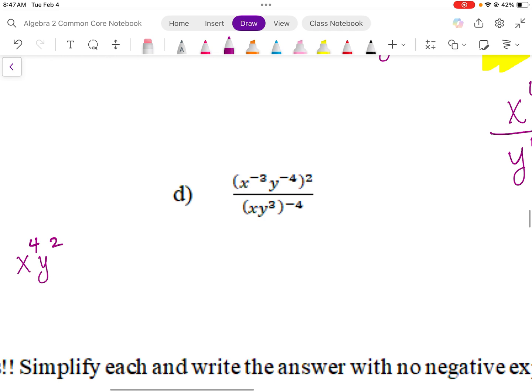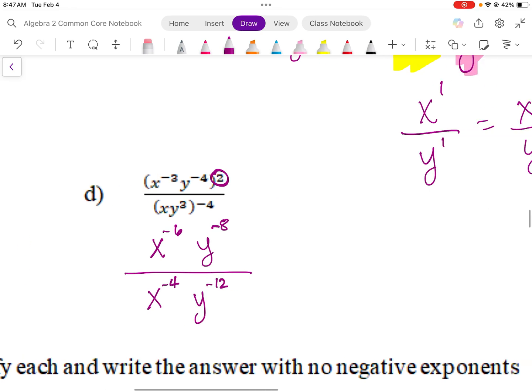Okay, here I would certainly share my exponent first. So I get x to the negative 6, y to the negative 8, over x to the negative 4, y to the negative 12. And then I probably would switch everybody's place. Put the x to the 6 on the bottom, the x to the 4th on the top, the y to the 12th on the top, and the y to the 8th on the bottom.